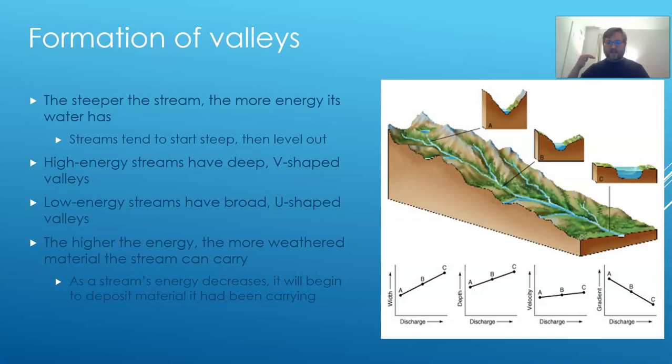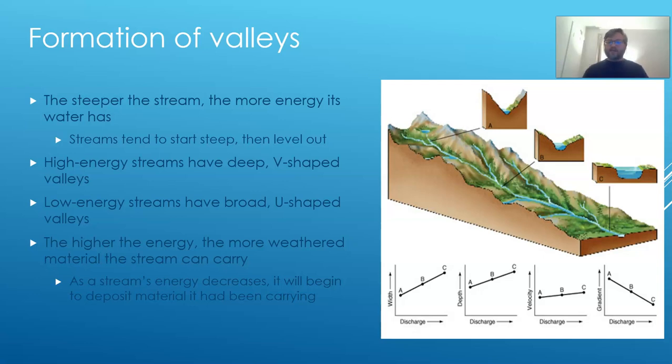But then if it's on a more level slope, it's not going downhill as much, it's going to be a slower stream, it's going to have less energy, and it's going to erode less. So a high energy stream is going to cut a deep V-shaped valley, like you see with letter A on the diagram here.